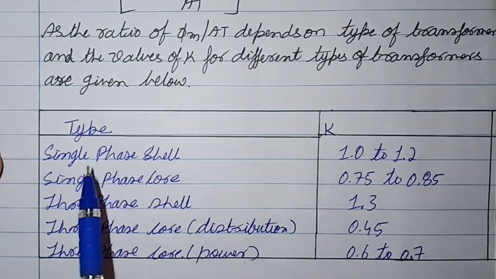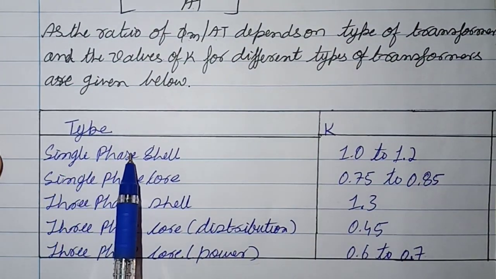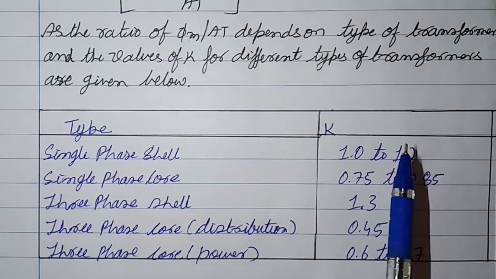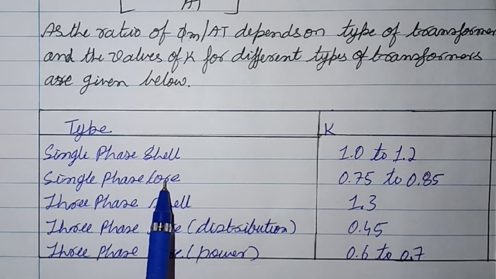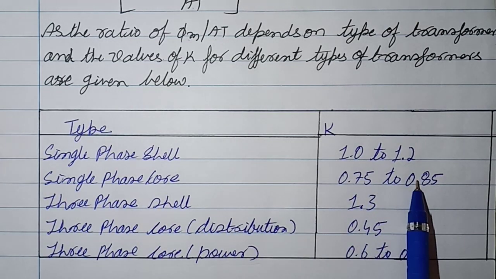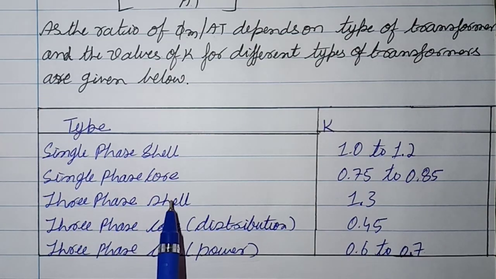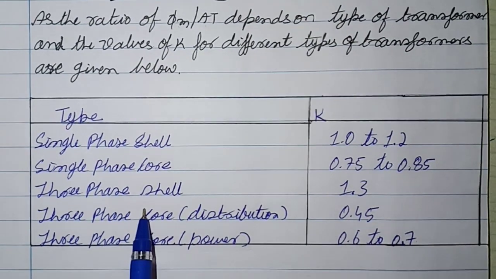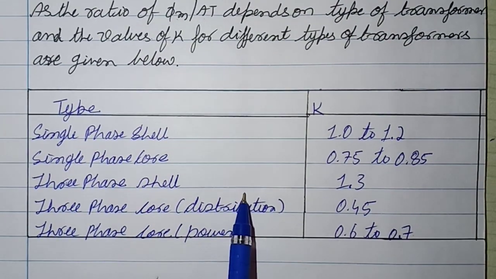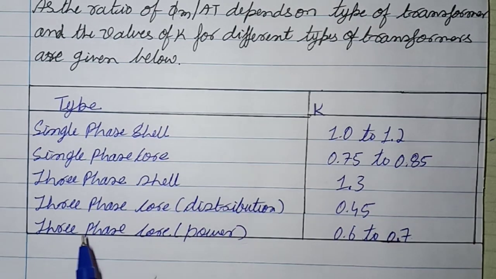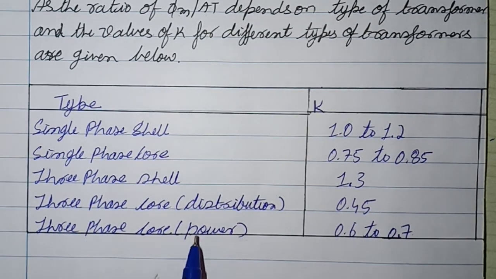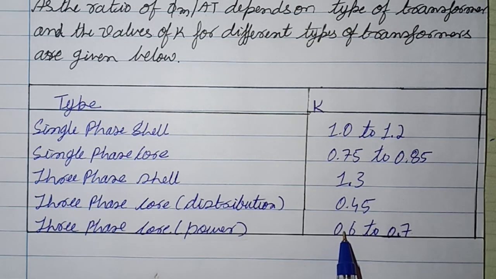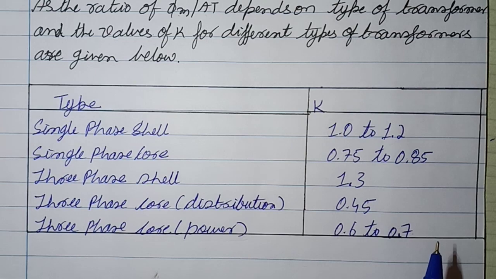For a single phase shell type transformer, the value of K is between 1 to 1.2. Single phase core transformer, 0.75 to 0.85. Three phase shell transformer, 1.3. Three phase core, that is distribution service, 0.45, and three phase core transformer for power service, between 0.6 and 0.7.